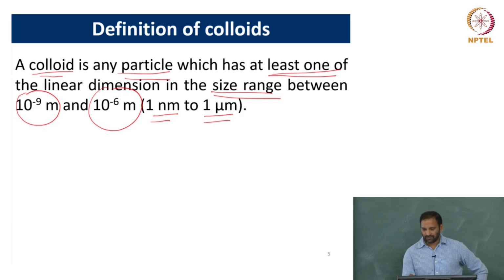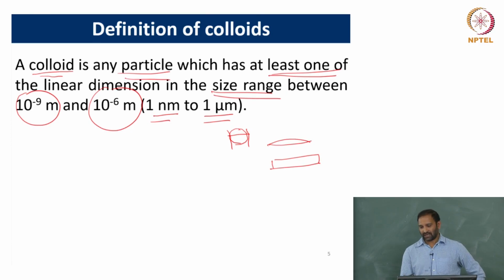The reason why we say at least one linear dimension is because often you may be working with particles that are spherical. In such a case, you need only one dimension to characterize such particles. The moment you think about other shaped particles, it could be ellipsoids, it could be cylinder-like or rod-like, then you have more than one dimension.